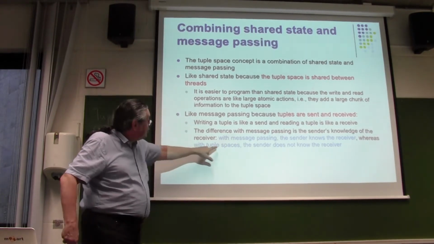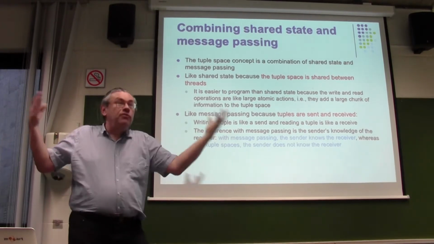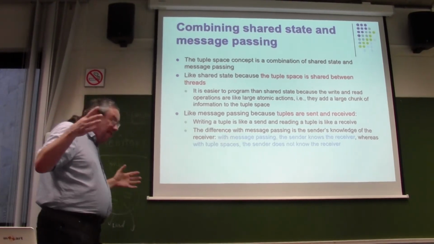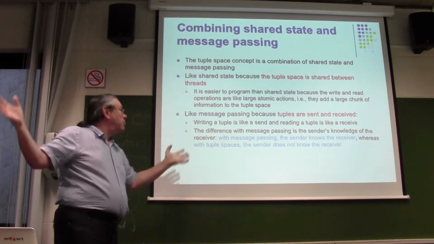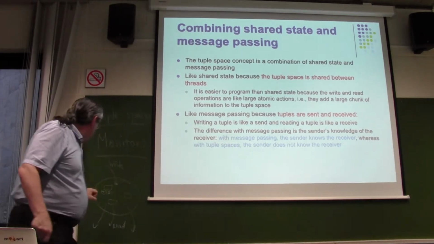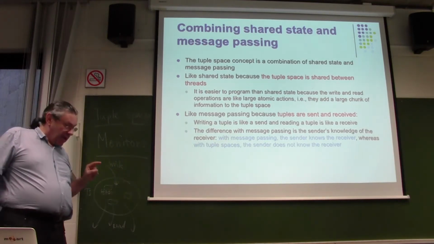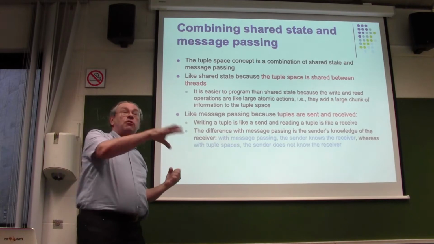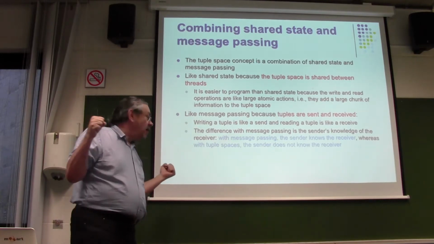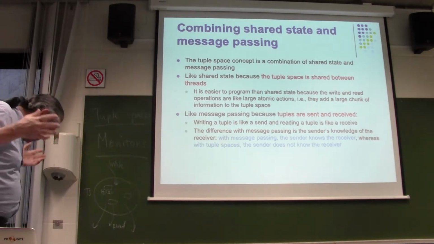And sometimes that's good. An example of that is like if you have printers. Let's say I have 5 printers, it's a big company, and the printers are reading from the tuple space. And the file I want to print is put in the tuple space, and one of the printers is going to read it and print. But I don't care which one. It doesn't matter which printer actually prints it.